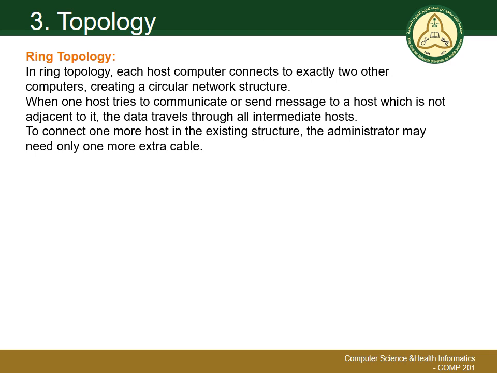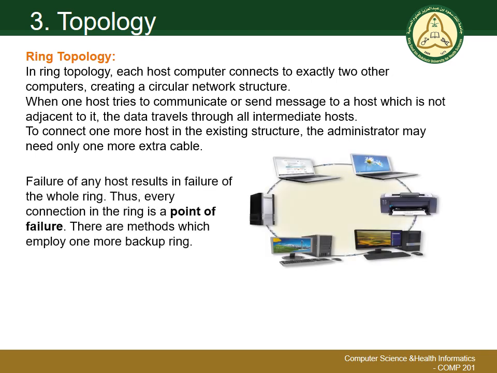To add one more host to the existing structure, the administrator may need only one extra cable. Look at what it says in here. I would say that each device here is connecting to two different adjacent devices, one to the left and one to the right. They all together form a circular structure. This is why we call it a ring.